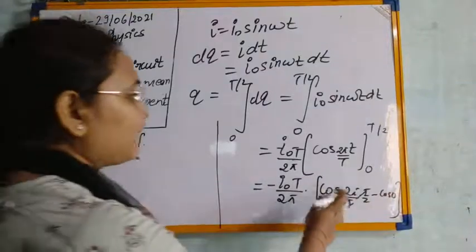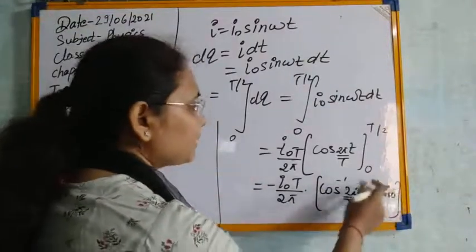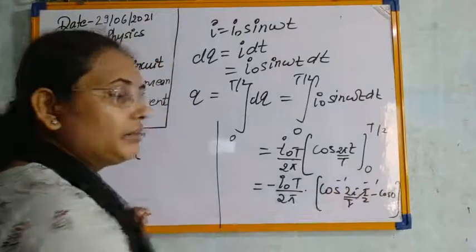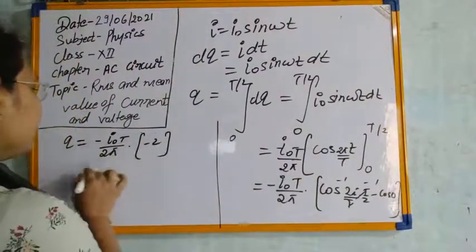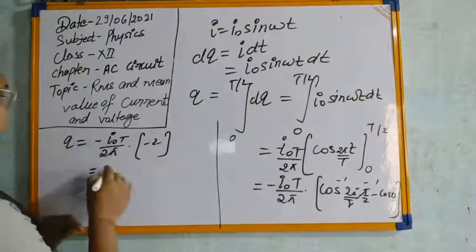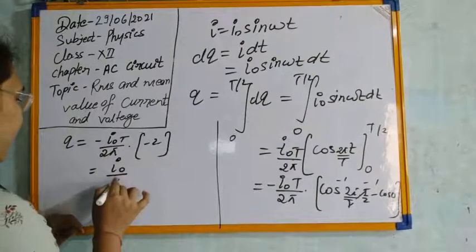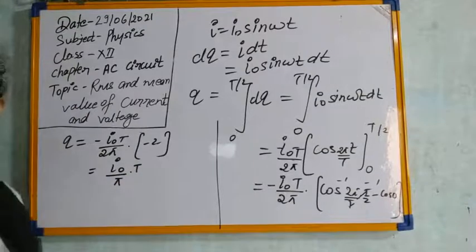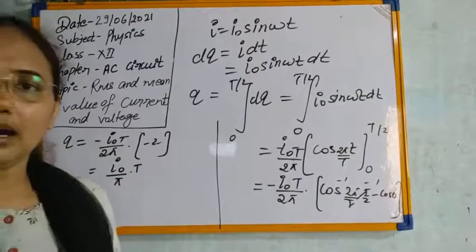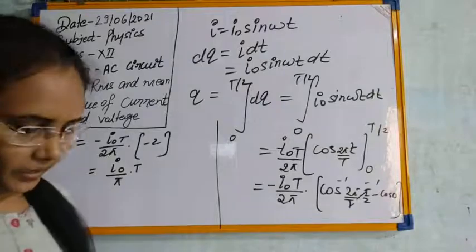So finally in the bracket we will have minus 1 minus 1, and this total will be equal to minus 2. So we can directly write minus 2 here, and this 2 will be cancelled out, and the minus sign cancels, and we get I0 upon pi into T here. So this is the value of the charge that we have obtained.